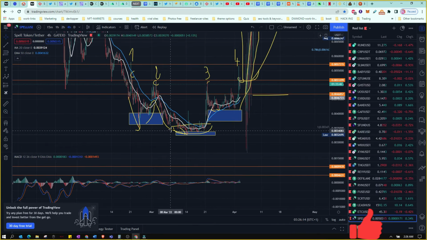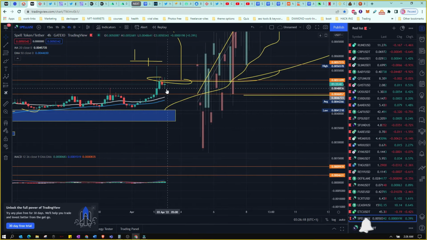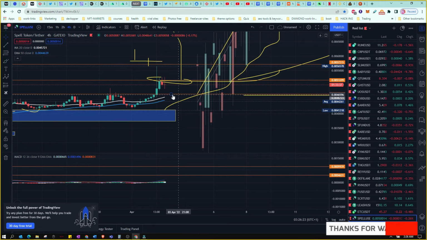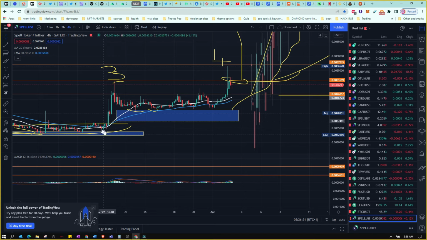So as you can see here, it's still going here more. So I really need it to get into here, because this is the point where I have to enter. And we have right here the cross, which is the golden cross, and each time you have the golden cross, that's a sign for the market to reverse.